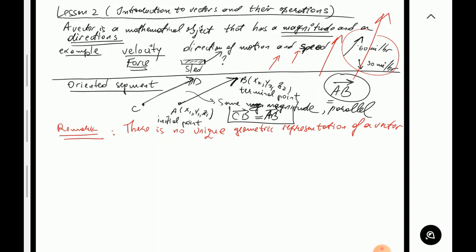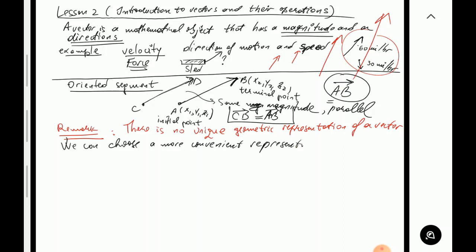Now, this may seem quite confusing. It seems like overly complicated stuff that makes life more miserable than easier. But there is a blessing in disguise, in the sense that precisely because there is no unique representation, we can choose a more convenient representation.